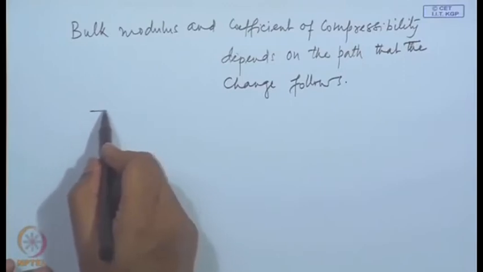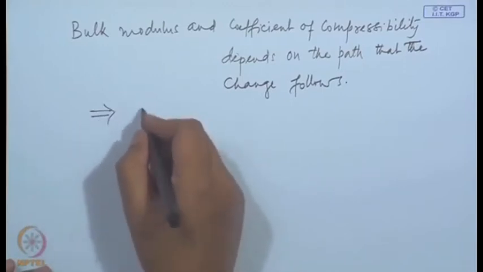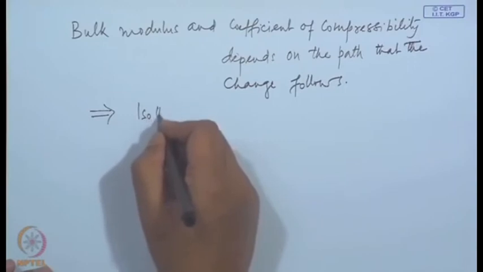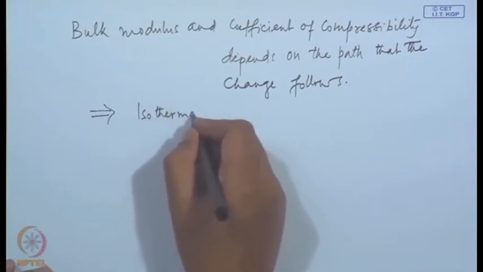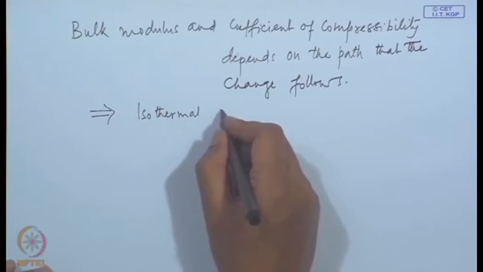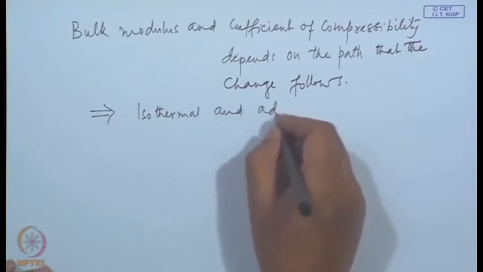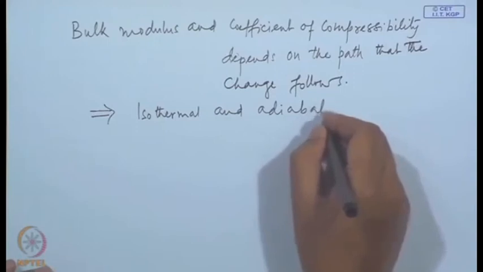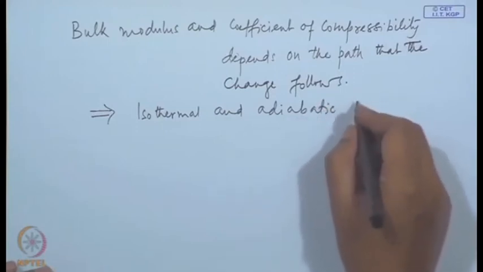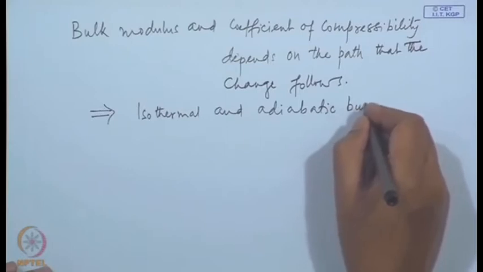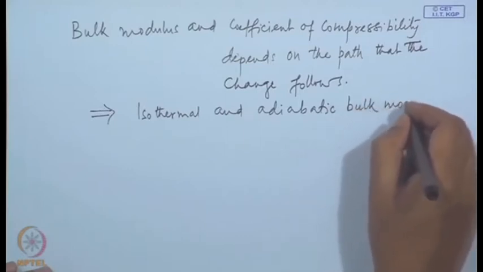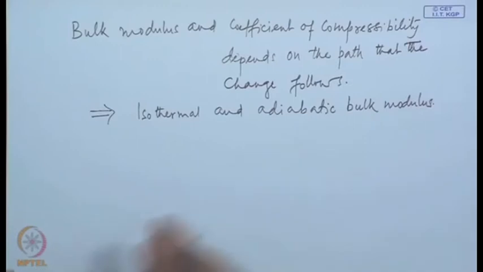So, here also we will have isothermal and adiabatic bulk modulus, and again their ratio will be equal to the ratio of principal specific heats.